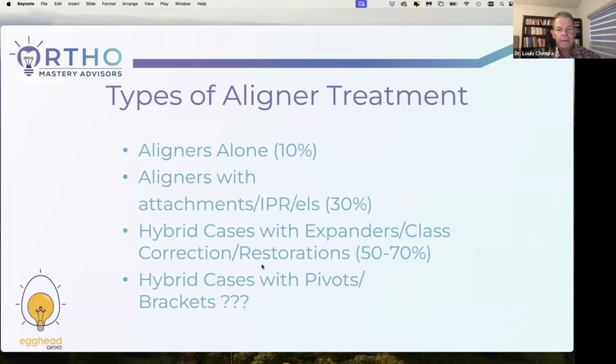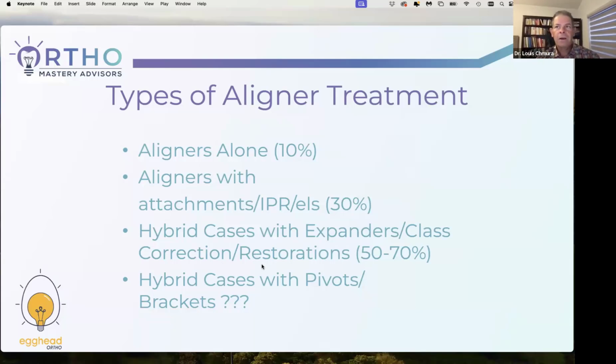But even then, there are many cases, if you're looking at a complete diagnosis, that may require something more than that. So an actual palatal expander instead of just expanding the arches, or correcting class. If it's class 2, making it class 1 spaced. If it's class 3, make it class 3 spaced. Those are all very treatable with aligners, and so then you finish up with aligners.